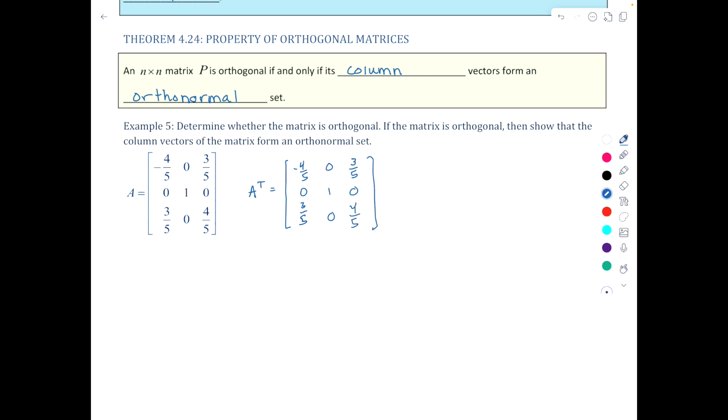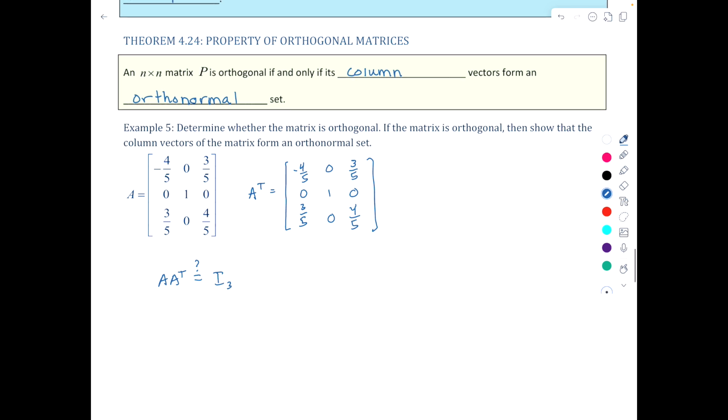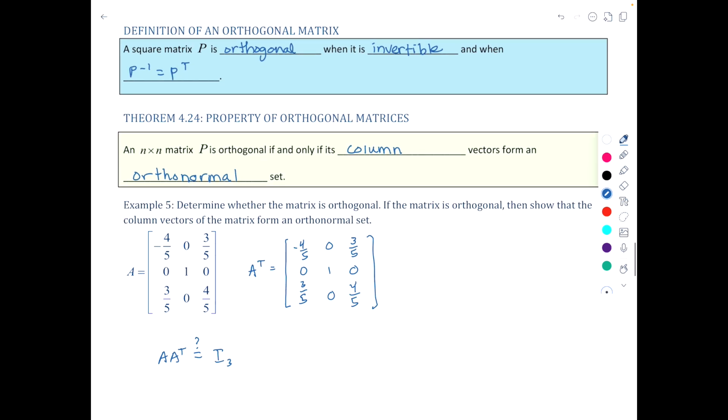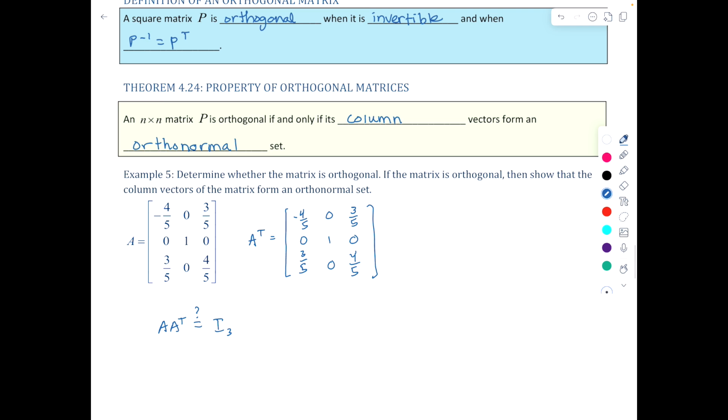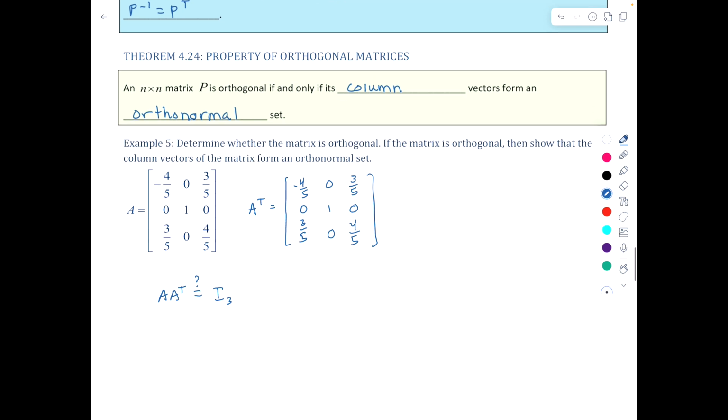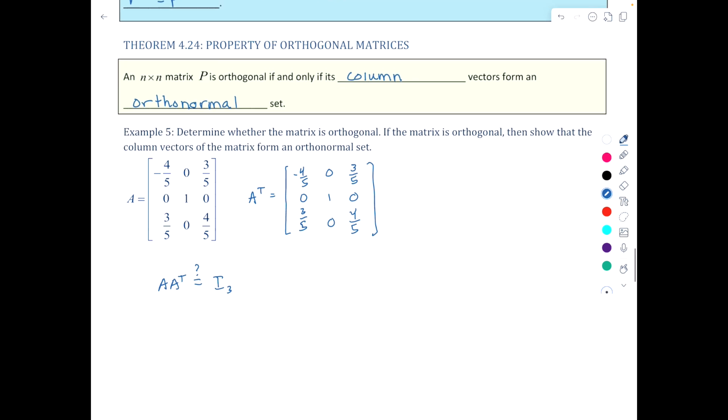So you can see that we have symmetry here. And what we want to know is A times A transpose, is that equal to I3? Because if it is, then we'll have that A inverse equals A transpose. Does that make sense? Let's check it out.